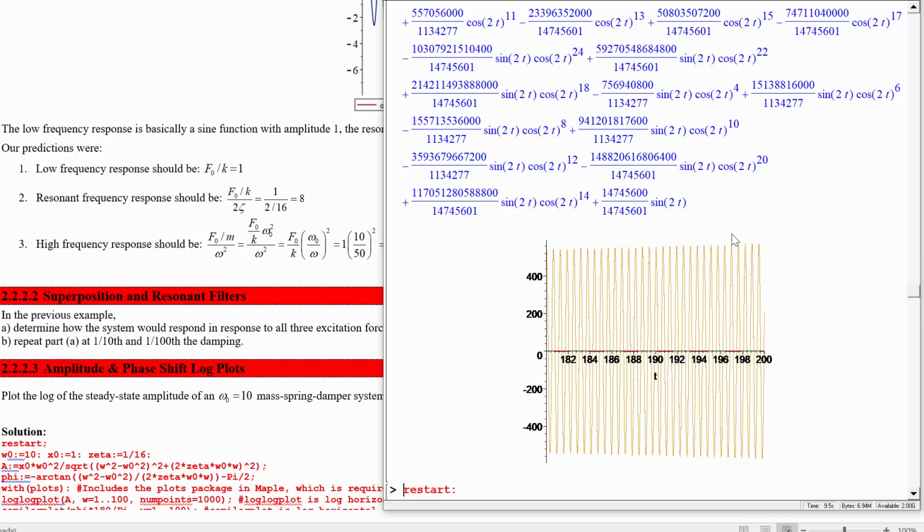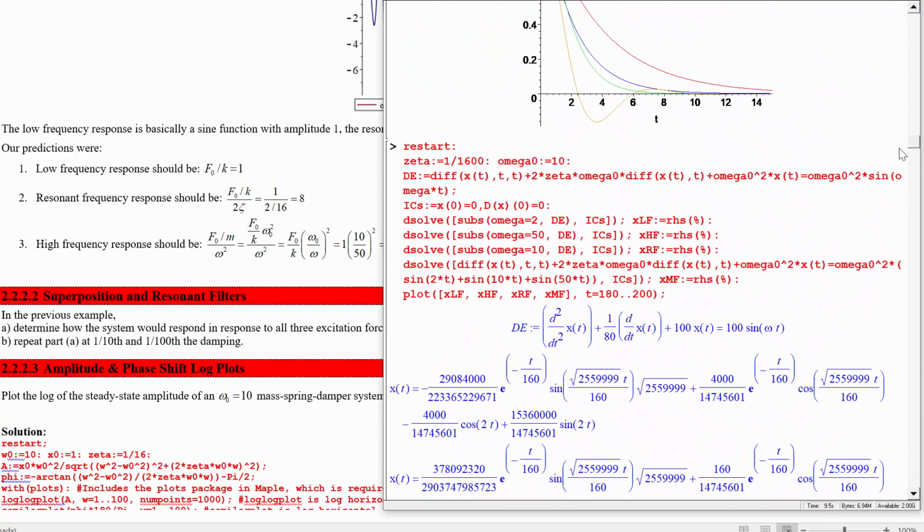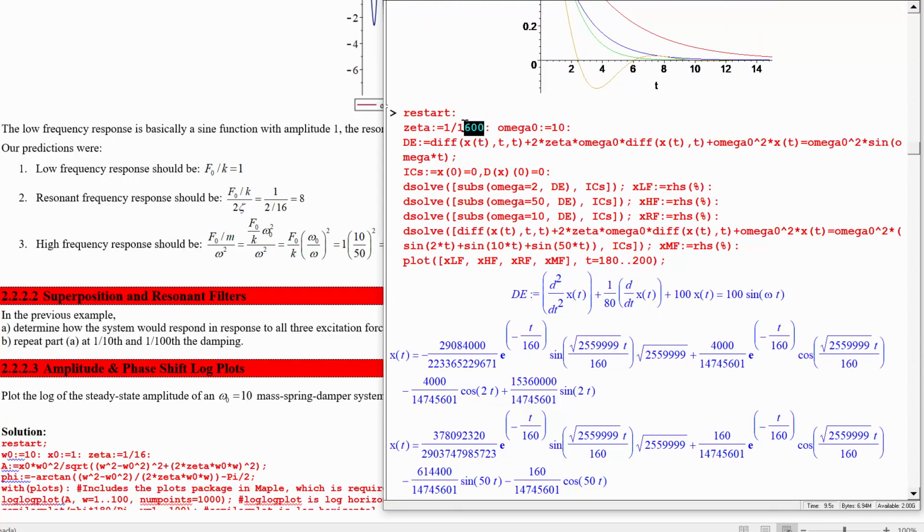Yeah, so now we've leveled off. It's not still growing nearly as quickly as it was before. It's more or less leveled off at quite a lot of amplitude. Let's see. So the steady state amplitude, we said, is supposed to be f0 over k over 2 zeta. And if zeta is equal to 1 over 1600, then 1 over zeta is 1600.